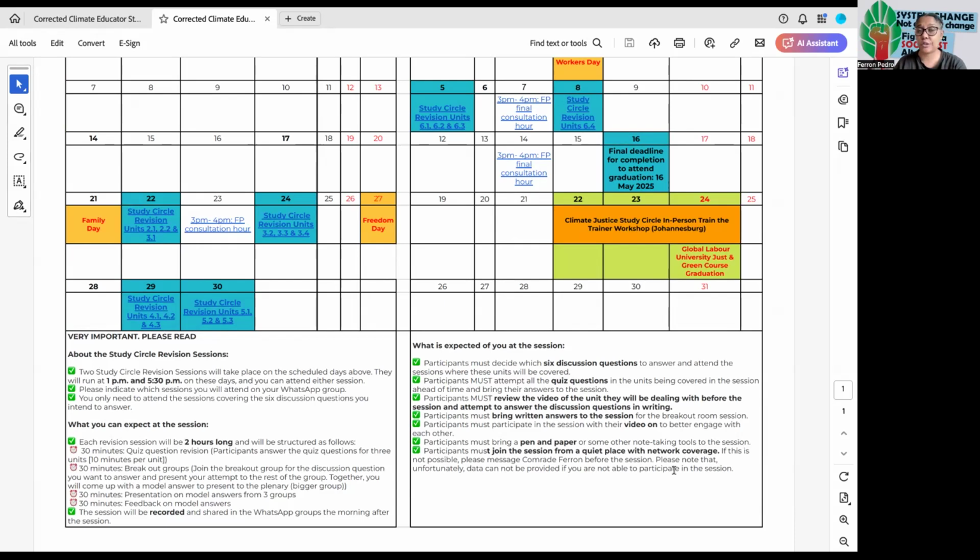These are not sessions, comrades, for me to give you the answers. They're not sessions for me to give you the quiz answers, even. You must attempt those ahead of time by yourself. Come to the revision session having tried to do the discussion questions, try to complete the quiz questions, and then, working with the group and with my support, come to an answer that you're happy with.